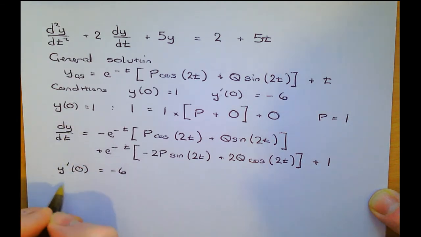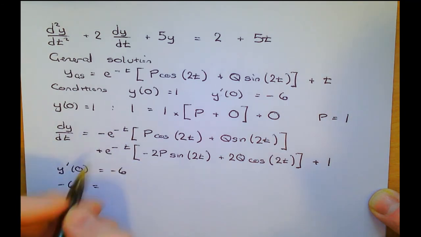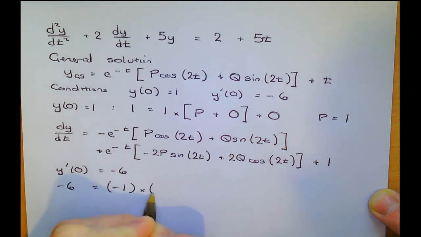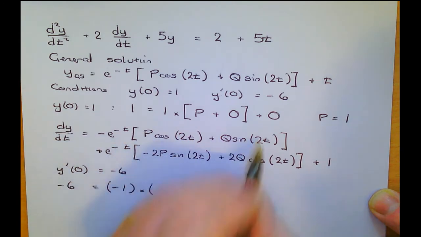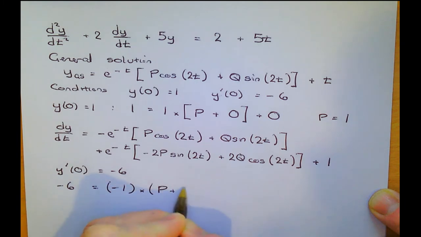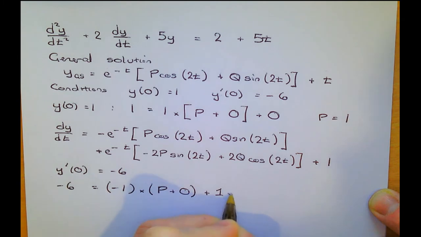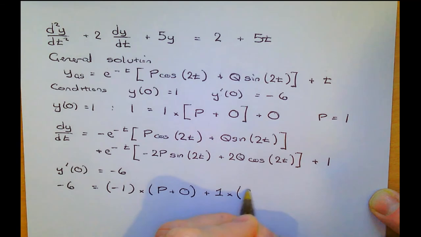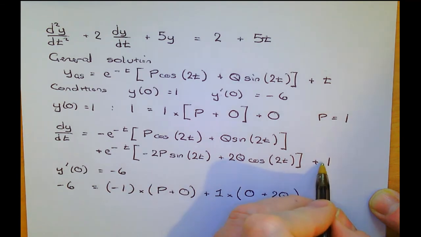So minus 6 will be equal to minus e to the 0, so that's minus 1, times, when t is 0, we'll get p plus 0, and then we'll get 1 times minus 2p times the sine of 0 plus 2q times the cos of 0 plus 1.